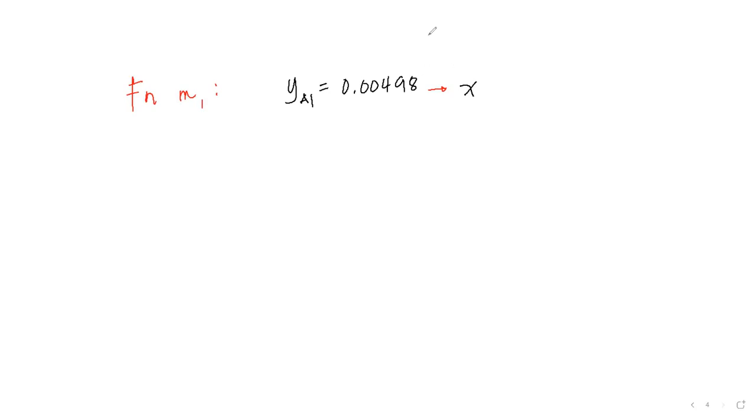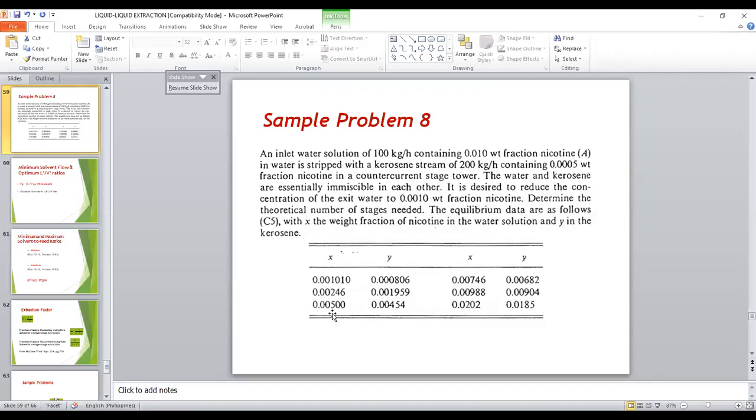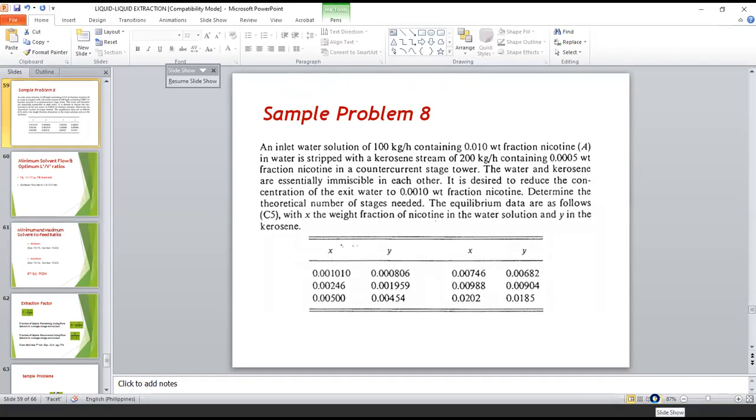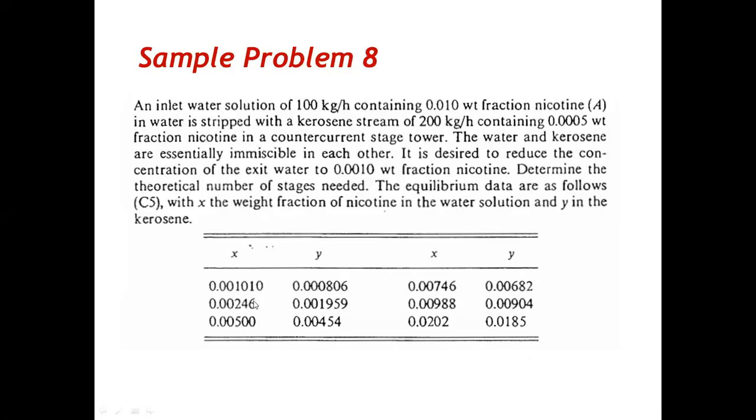So for the 0.00498, if we go back to our slide, it's comparable to this. It's 0.498 for the Y. So if I annotate, that data will be this, and the corresponding value of the X in equilibrium with it would be this one.